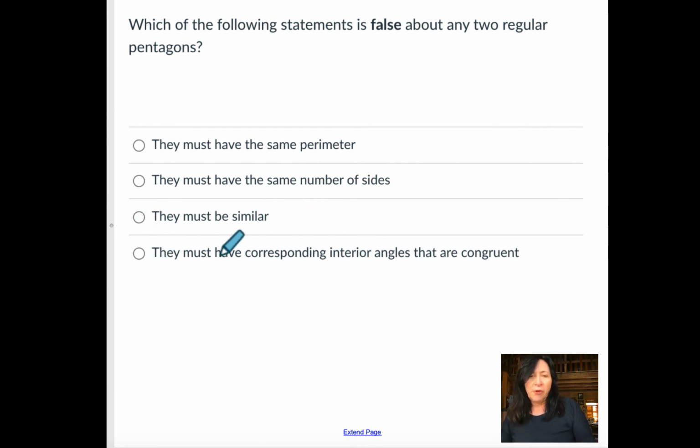It says which one is false. They have corresponding interior angles that are congruent. So what we do know is that 2 regular pentagons are not necessarily congruent. We're just saying that they can be similar. Let's say I have this shape, a hexagon, and I redraw this hexagon.